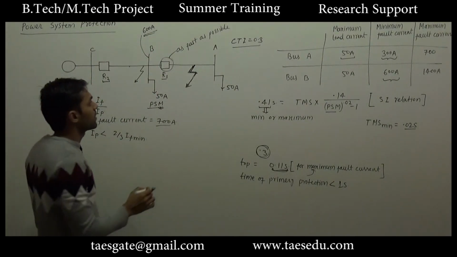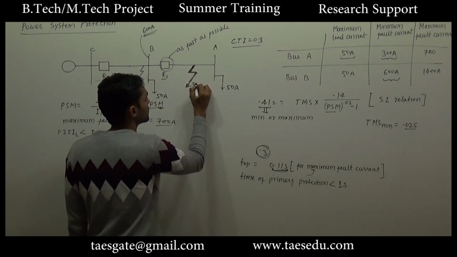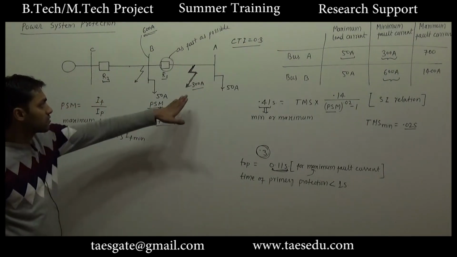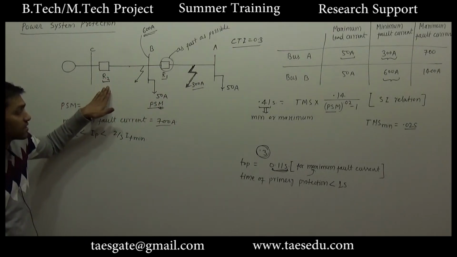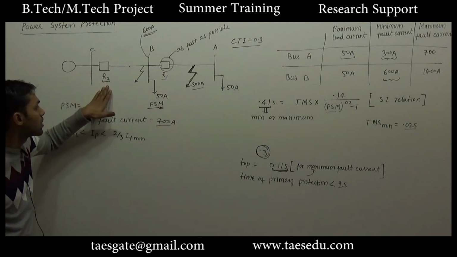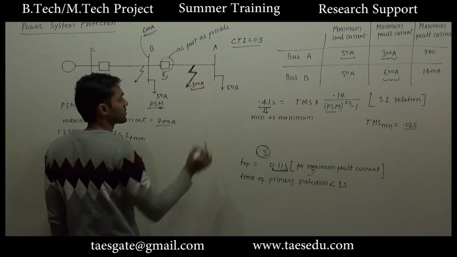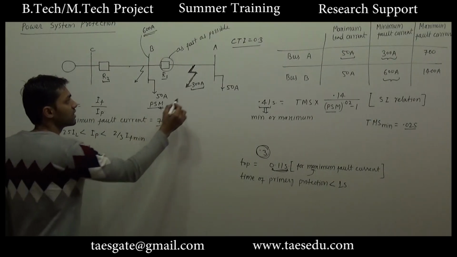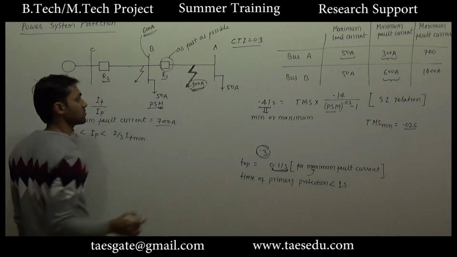And if a fault occurs at this point, the minimum fault current is 300 ampere. For this fault, if R1 fails, the only relay left is R2. So R2 has to provide protection for this fault current. So the minimum fault current for R2 will be 300 ampere because it has to provide protection for this current also.